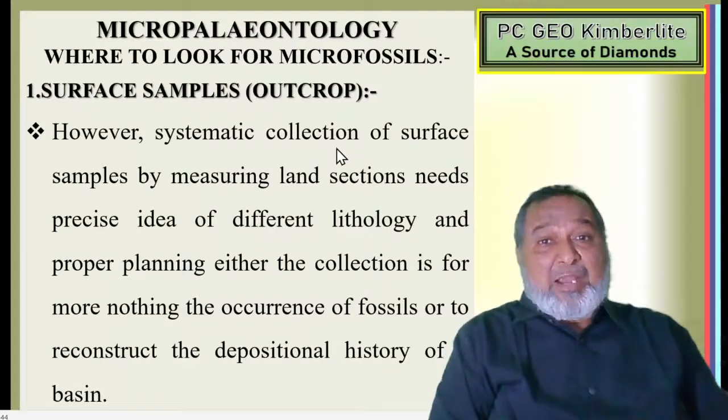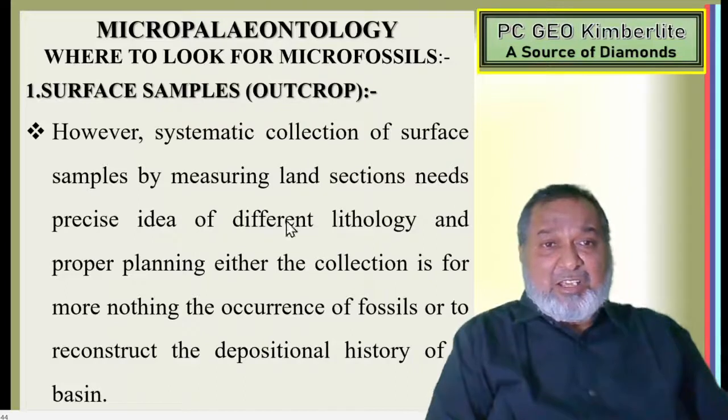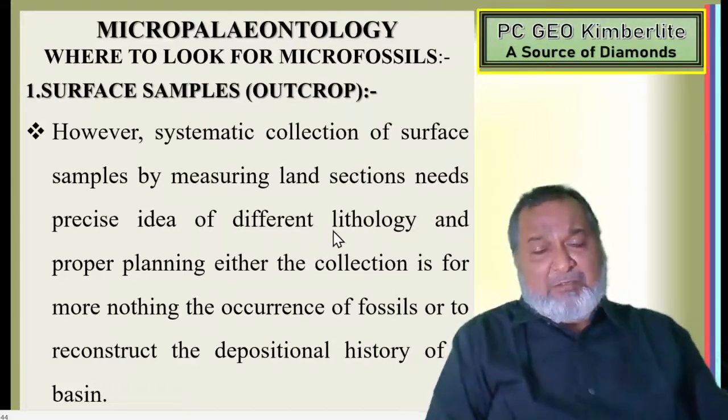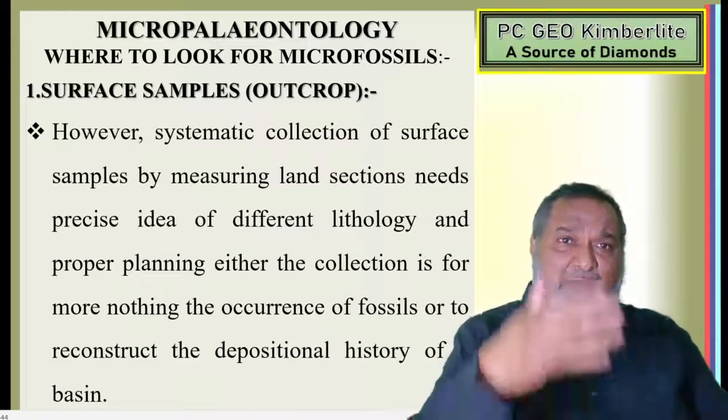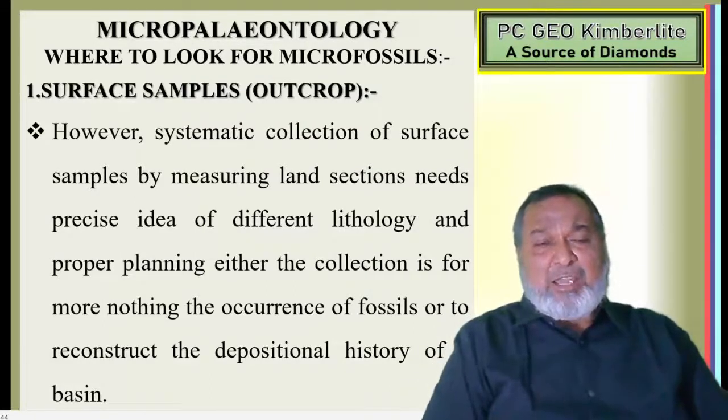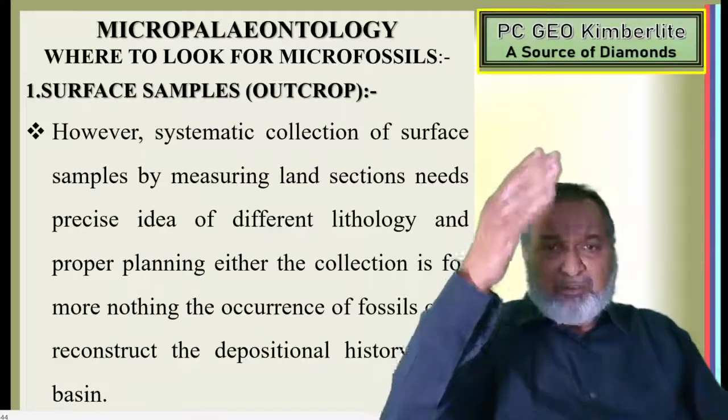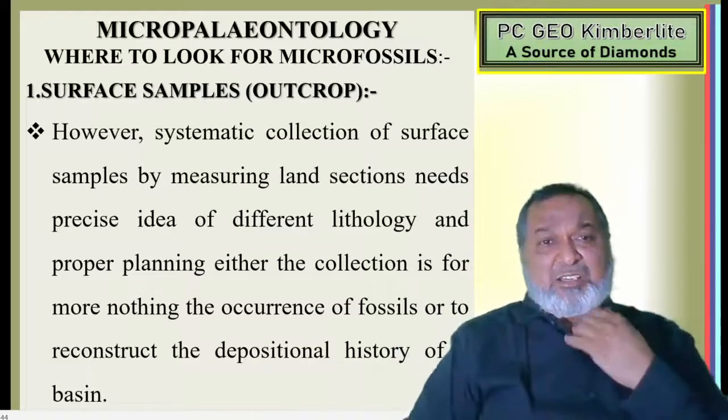However, systematic collection of surface samples by measuring a section needs a precise idea of the different lithologies. When you go into the section, you will come to know from the colors what type of lithology is there in the vertical as well as horizontal succession.